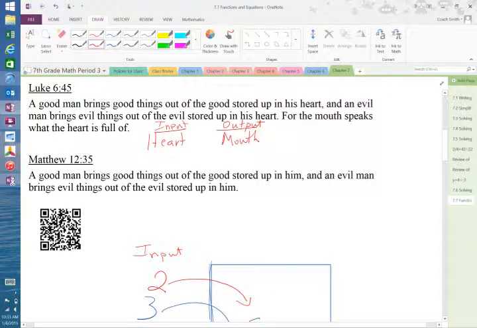So the input is the heart, what we put into our heart. Here's how it works: what you see with your eyes goes to the brain, and the brain interprets it into the heart. For example, if you're around a bunch of friends, and I can attest to this, my dad was a pastor for most of my life, since I was 7 years old, a pastor or a missionary.